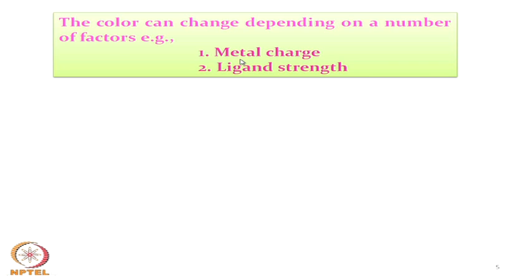Even in the case of vanadium in acidic aqueous solution, it has water molecules surrounding it, but due to the different charges on it from a bivalent oxidation state to a tetravalent oxidation state, we see that the color is changing from one to the other.